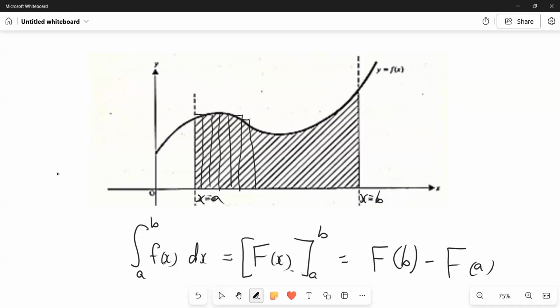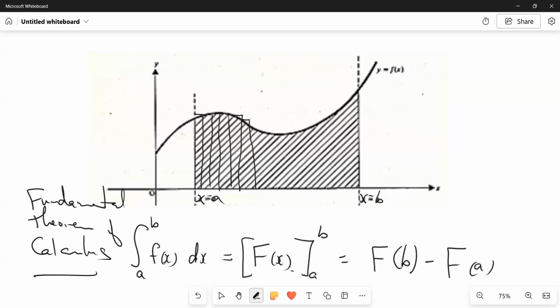This is called the fundamental theorem of calculus. What the statement is basically saying is that if you differentiate capital F(x), you get f(x).